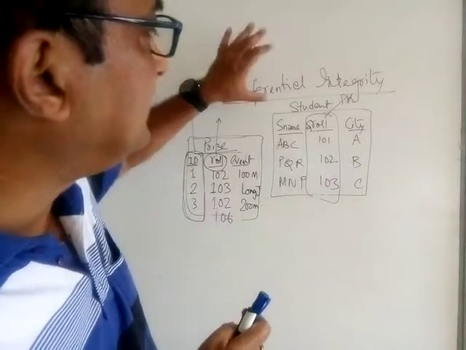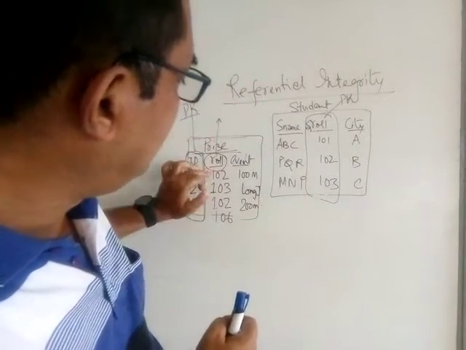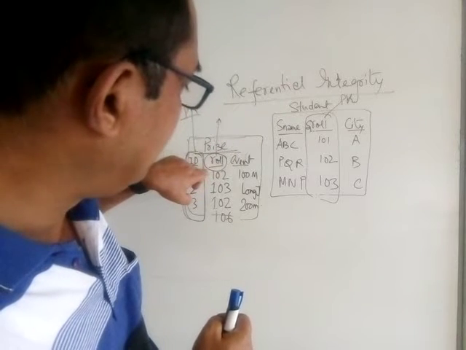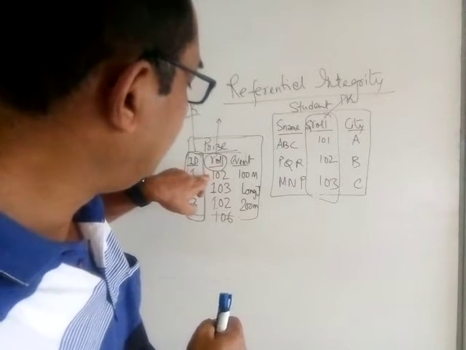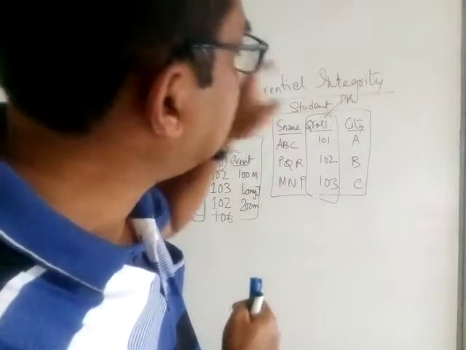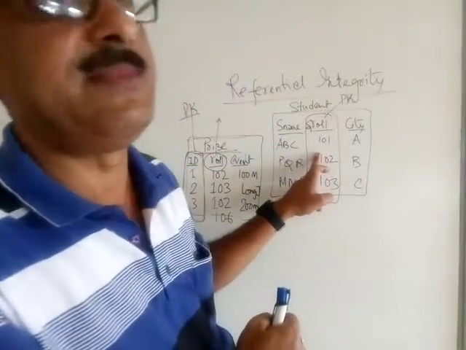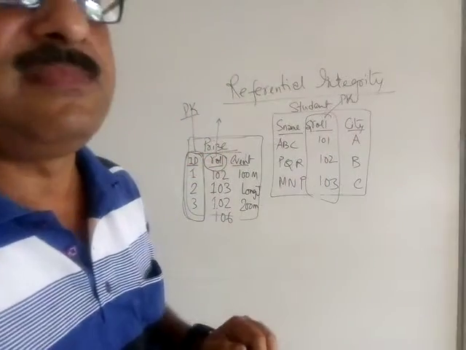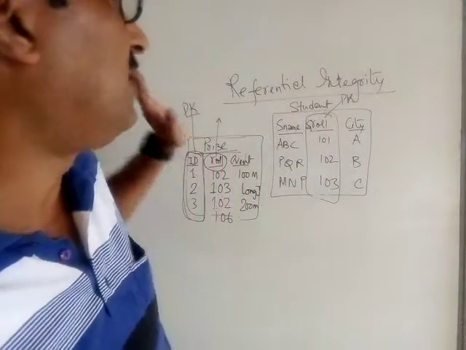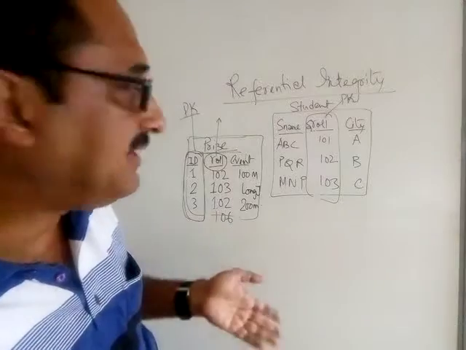Referential integrity basically will ensure that if two fields are connected this way, the fields mentioned here, where it is a foreign key, the foreign key must be expressed in details in some other table, and that foreign key must be the primary key in some other table. That is what is called referential integrity. So I am just repeating once again.